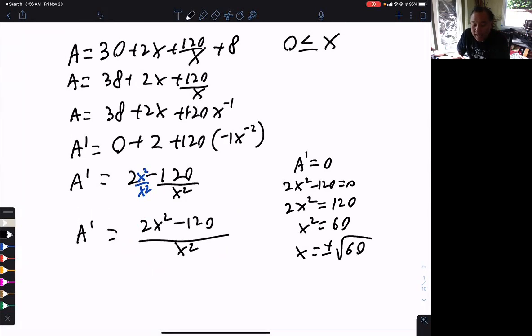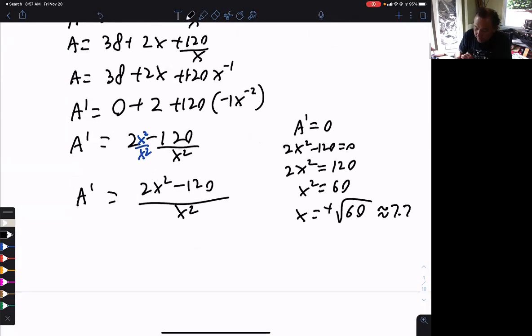Now, this x is the length of the side, and lengths are not negative, so it's going to be positive radical 60. Now, I'm going to get an approximation for that. I will do that for you guys and gals. About 7.7. That will help us in the future of this problem.